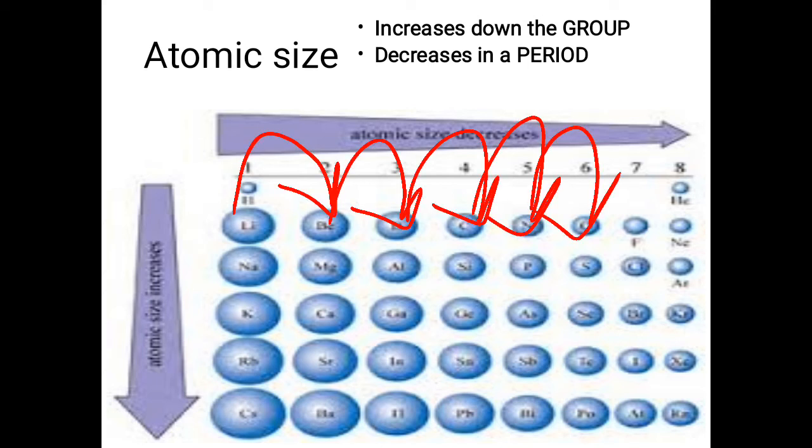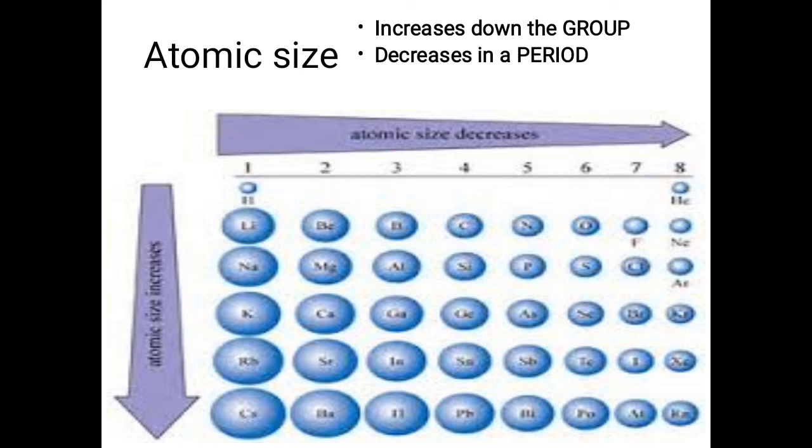So as the proton number increases in the same shell, the effective nuclear charge also gets stronger. So more effective nuclear charge is present in fluorine and neon, because the same shell has 7 electrons in the outermost shell.